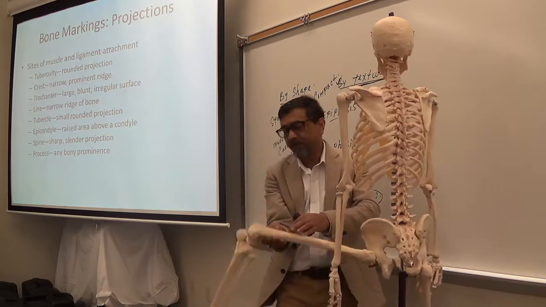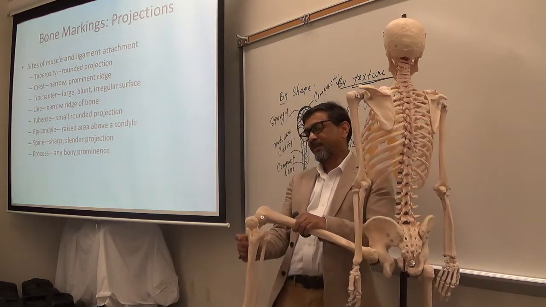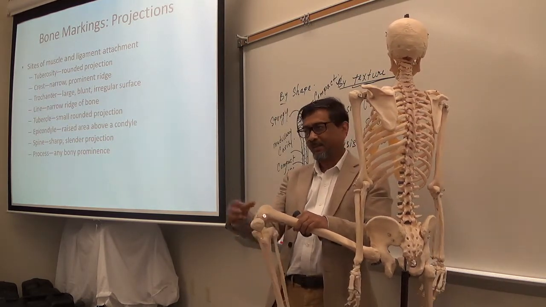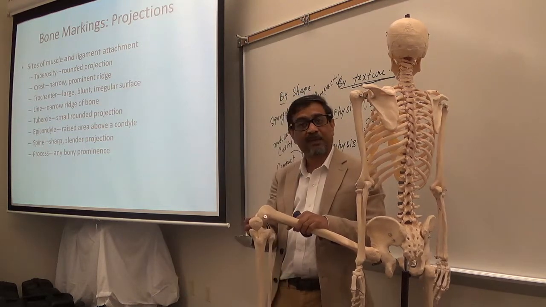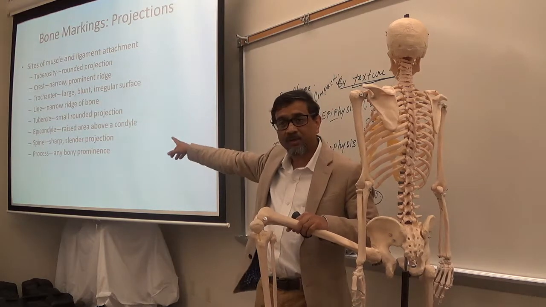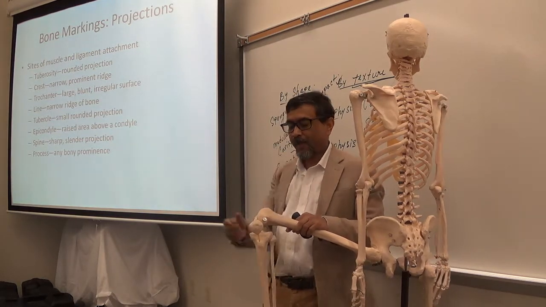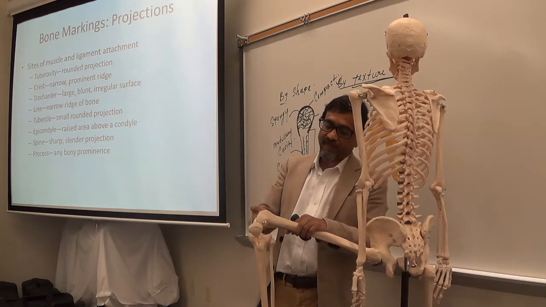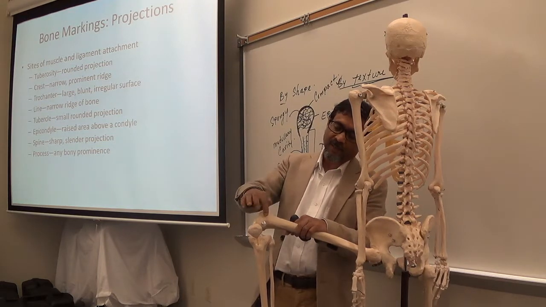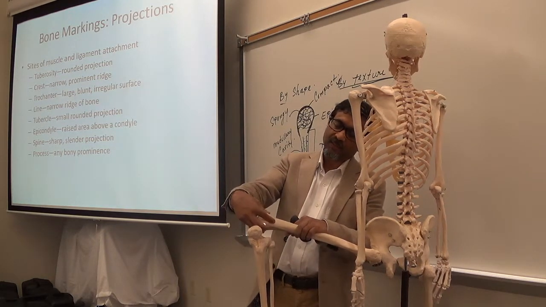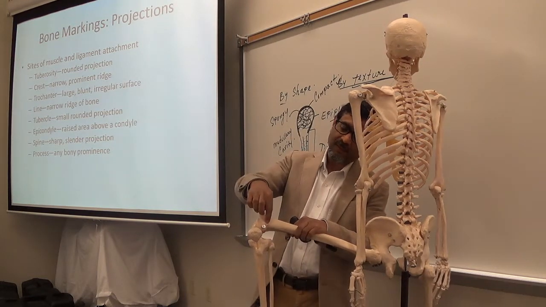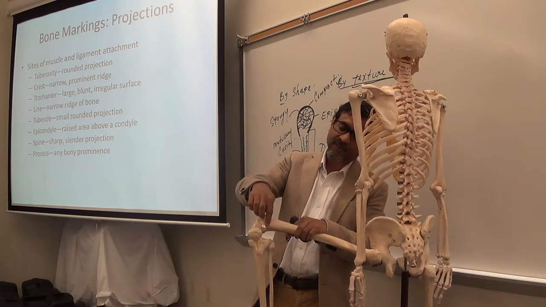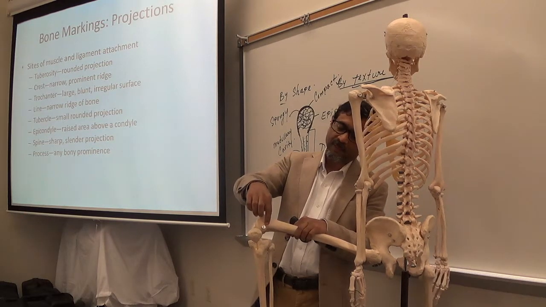At the lower end of the femur, you have two condyles, right? These two big condyles. But condyles are not for the attachment of muscles. That's why you don't see condyle here. But epicondyles are just above the condyle here. This whole thing is the condyle, and on the condyle you have a raised area, that is the epicondyle, for the attachment.